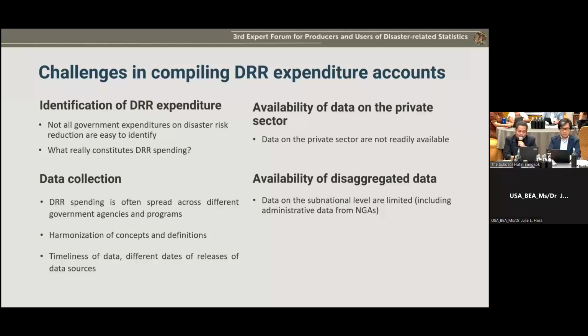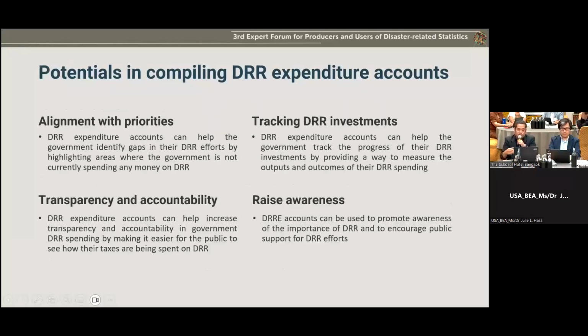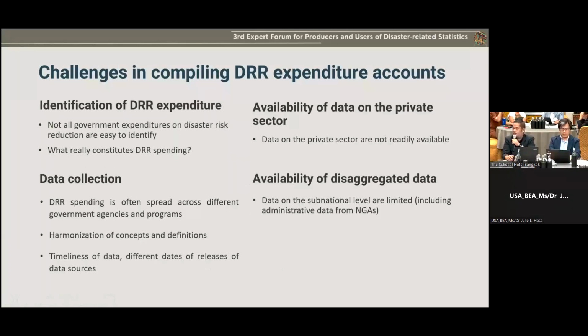So let's move to the challenges. So the first challenge would be the identification of DRR expenditure. So what really constitutes DRR spending? Not all government expenditures on disaster risk reduction are easy to identify.